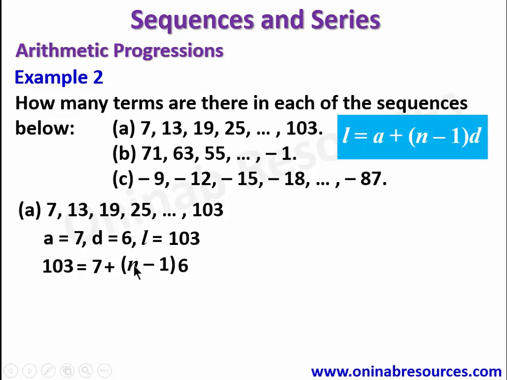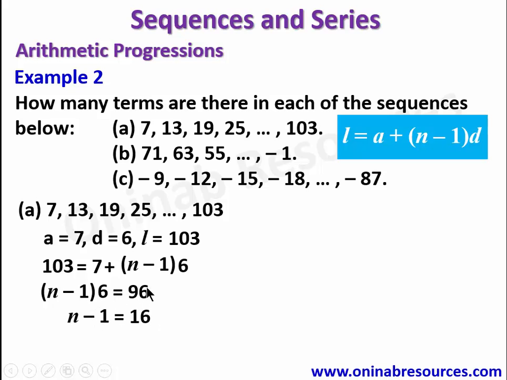To simplify this, I maintain n minus 1 into 6. Then taking this to this side, it becomes 103 minus 7. That will give us 96. Then dividing both sides by 6, I will have n minus 1 is equal to 16, since 96 divided by 6 gives 16.